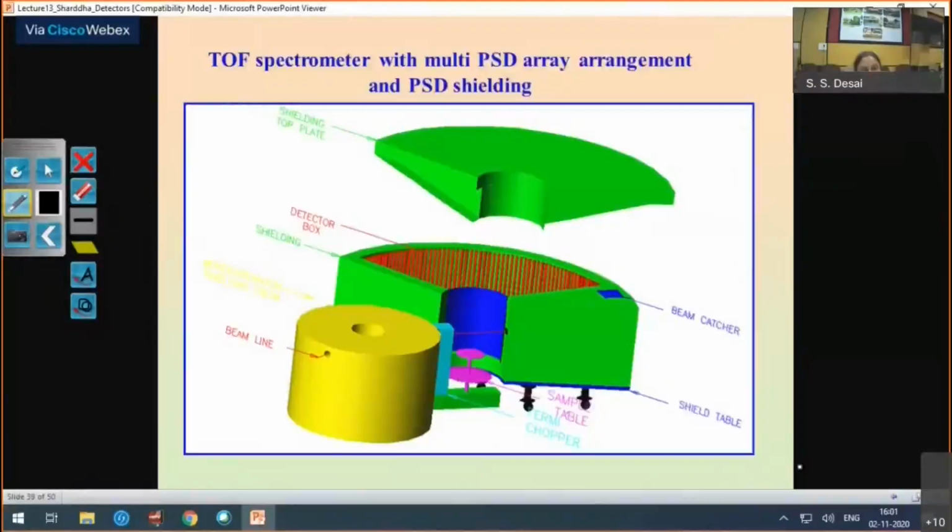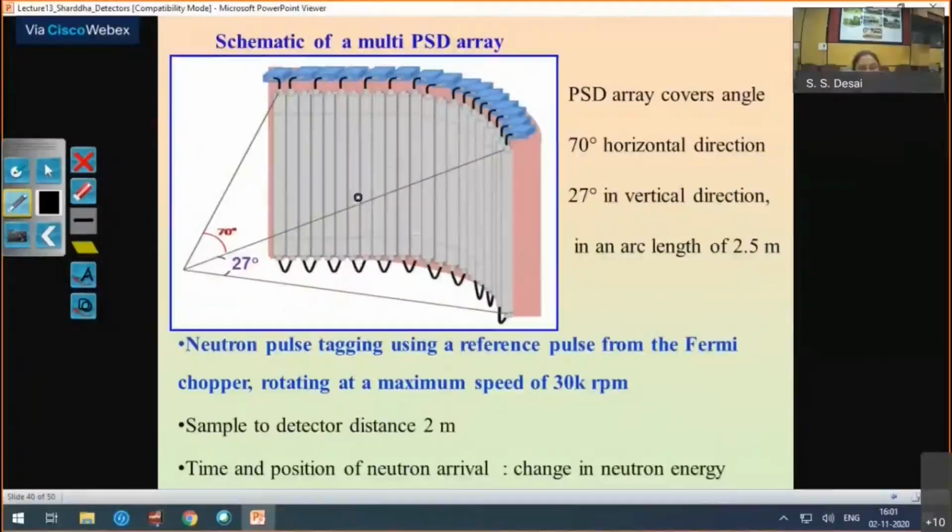This is another schematic, of a time of flight spectrometer. I will show you how the position sensitive detectors are arranged in a multi-PSD array, with 40 PSDs arranged in the angular coverage, almost like a two-dimensional PSD. But each PSD has its own electronics, so when you are measuring time of flight, from the sample, neutrons arrive at a certain PSD at a certain position and certain time.